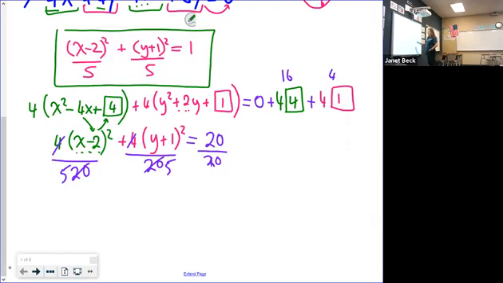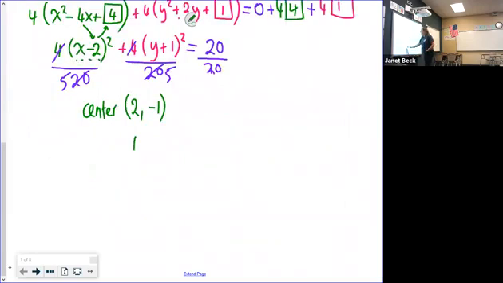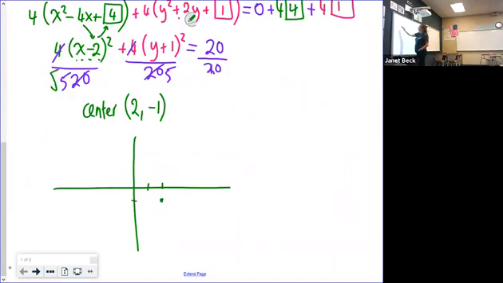Okay, so we would have a center at (2, -1), and then we would be going the square root to go left and right. We're going to go the square root of 5, which is a number a little bit bigger than 2.